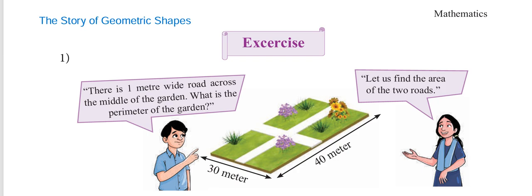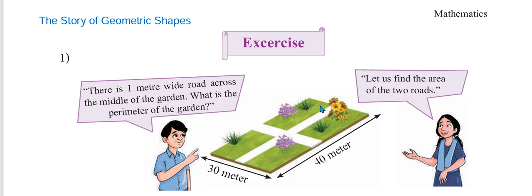So let us observe the garden of the stem. We see the length of the garden is 40 meter and the width of the garden is 30 meter. And in the middle of the garden there are two roads, both along the length and width of the garden.